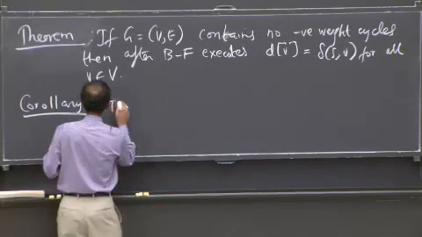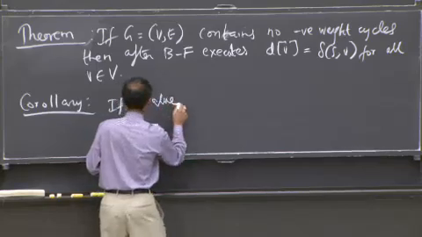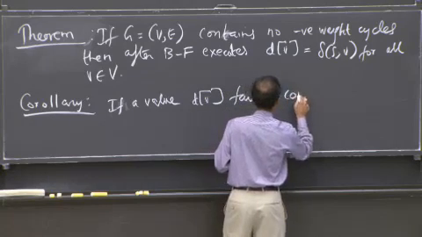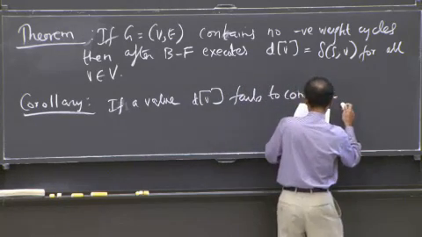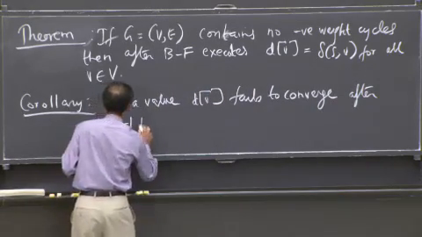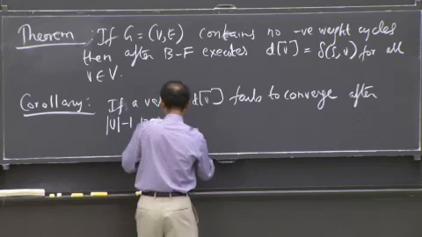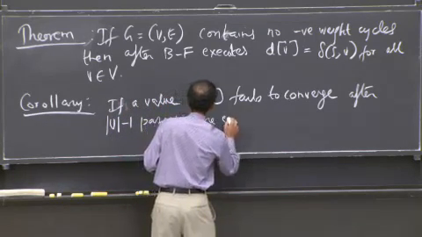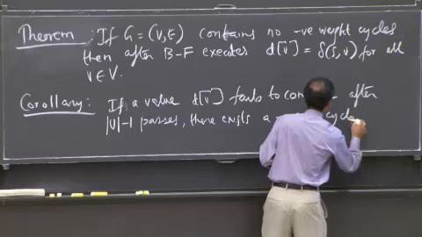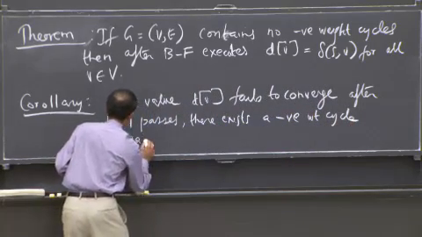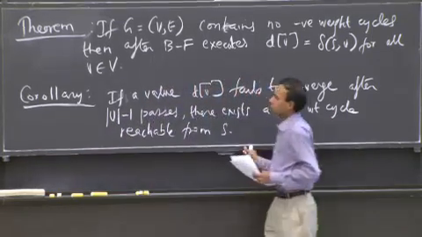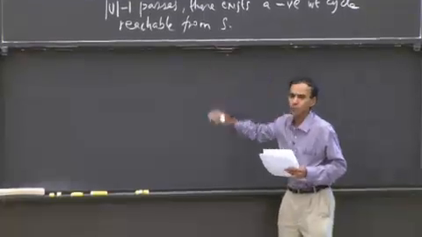It says if a value d(v) fails to converge after V minus 1 passes, there exists a negative weight cycle reachable from S. Right, so those are the two things that we need to show.